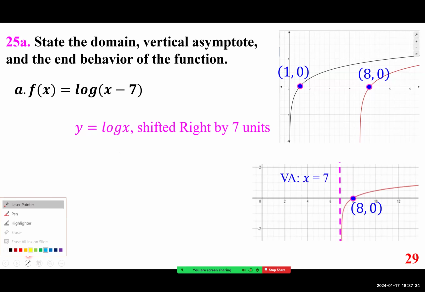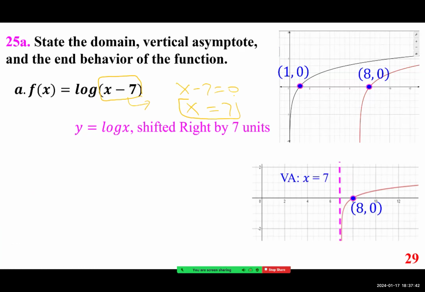In general, one easy way to find this, if you set this equal to 0, this is your vertical asymptote. By the way, the basic log, this one, the domain is from 0 to infinity. 0 is not included. Range is all real numbers. It's, remember, the inverse function with respect to exponential functions.